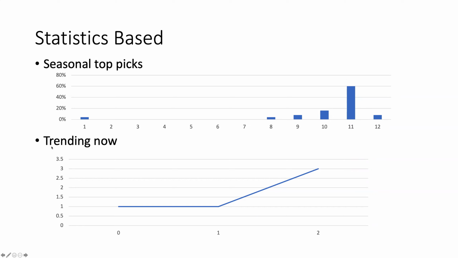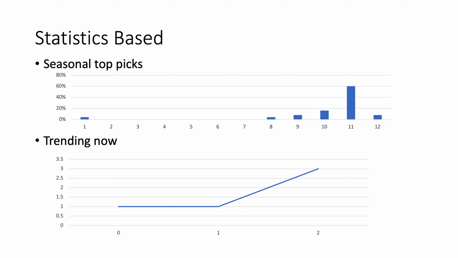And then there's a second type we call trending now. Trending now is a very interesting model. Sometimes when we're talking about trending now, that could be some trending products based on the current trend. The current trend can be based on different things.